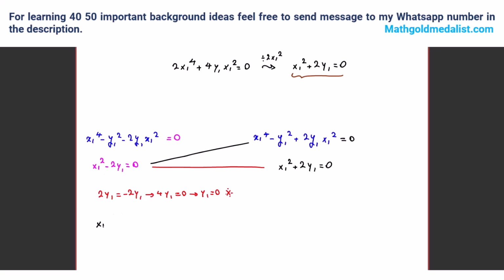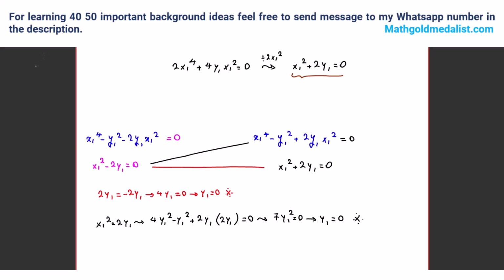From here, x1 squared is 2y1, and if we replace here, it's 4y1 squared minus y1 squared plus 2y1 times 2y1 is equal to 0. 4y1 squared, 4y1 squared, 8y1 squared minus y1 squared, 7y1 squared is equal to 0. So y1 is 0. Okay, again, that's a contradiction.